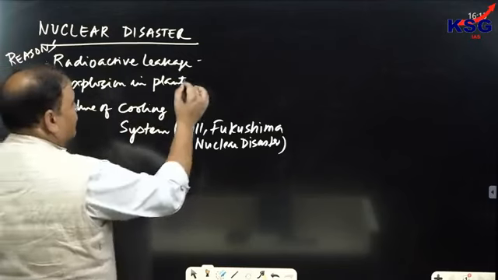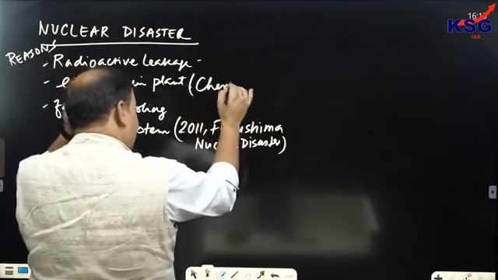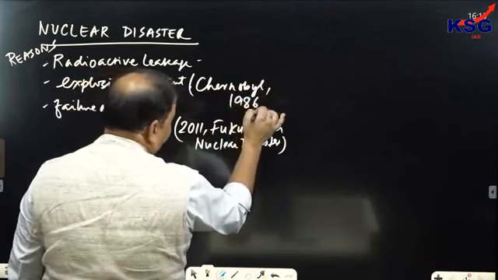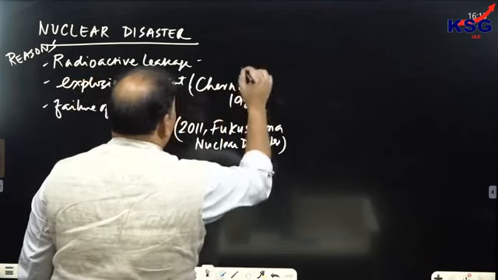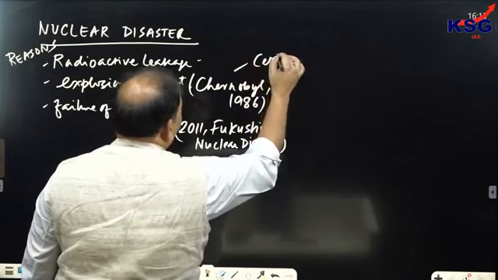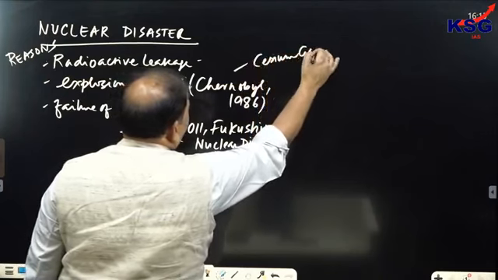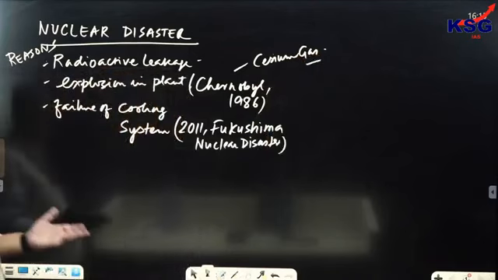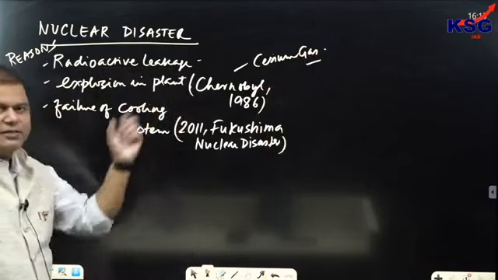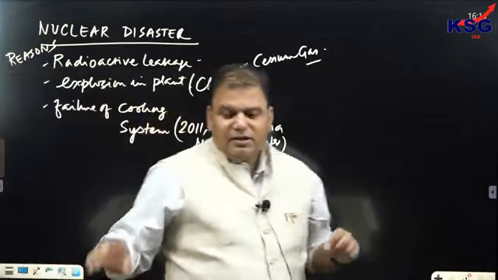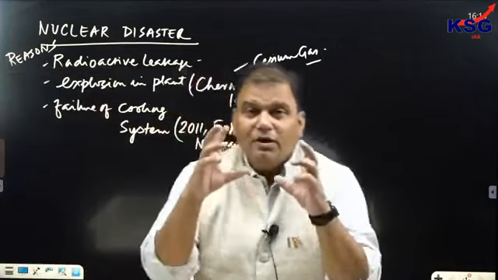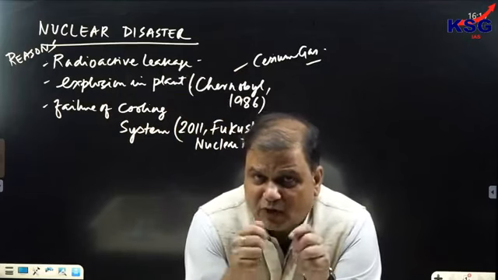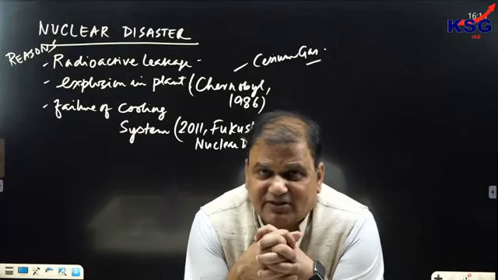Explosion in plant took place when the Chernobyl nuclear disaster occurred. Chernobyl, 1986. And the leakage was of what? Cesium gas. Clear? Cesium 131, cesium 136. And why did it leak? Because the plant was shut down for maintenance and control rods were taken out, which resulted in this disaster.